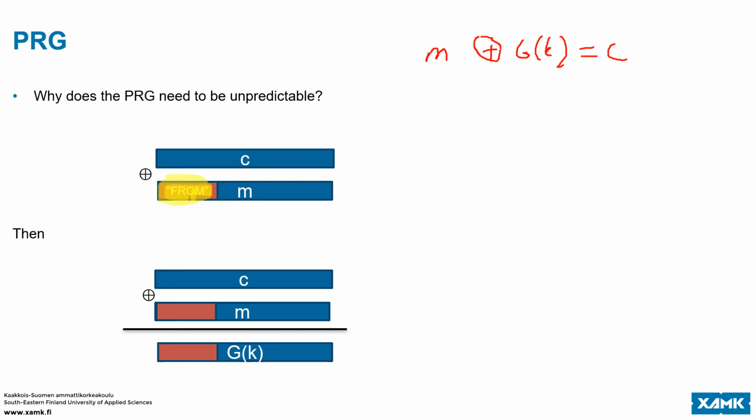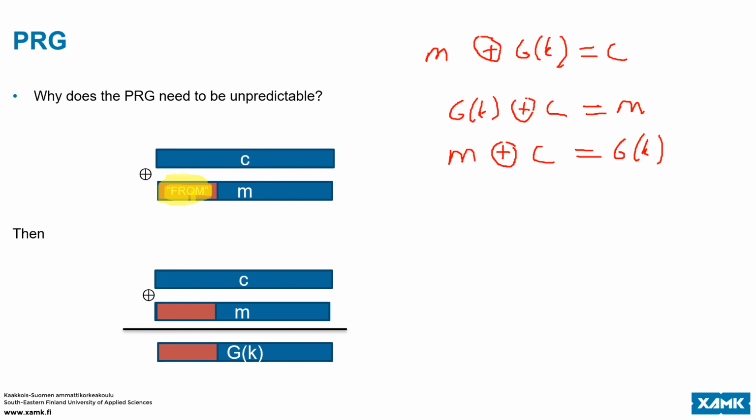So it also stands that GK XORed with C equals the message, and crucially M XORed with C equals the GK, or the output of GK.